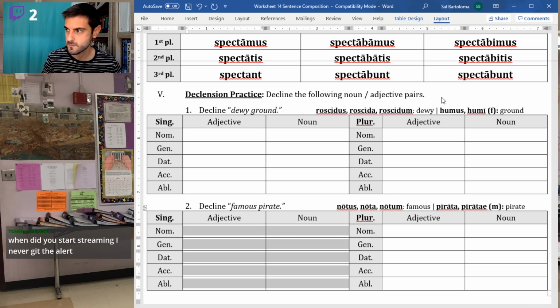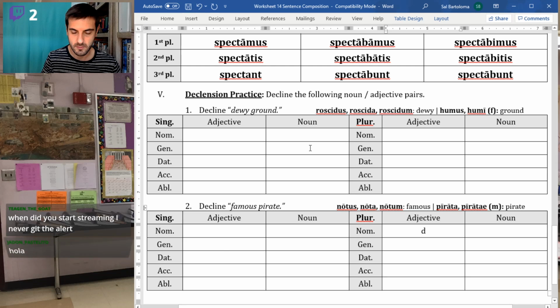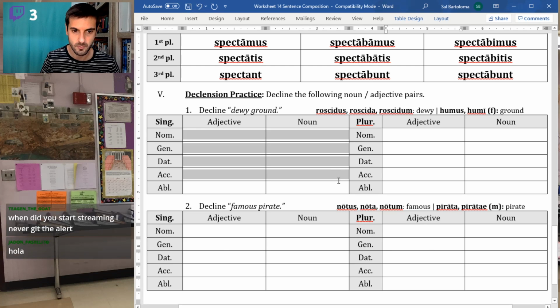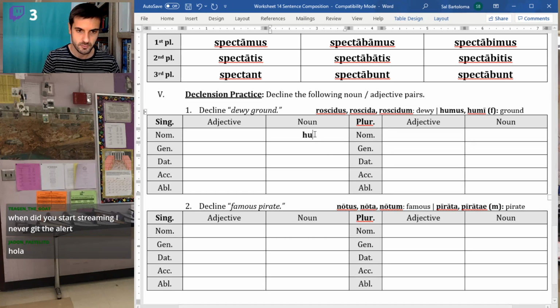And here we go. Oops. All right. So we have our noun, which is humus. That's second declension. So humus, humi, humo, humum, humo.